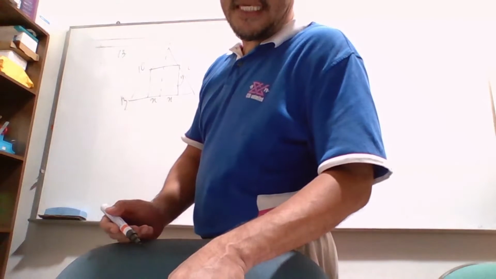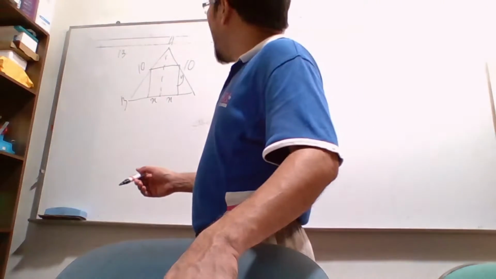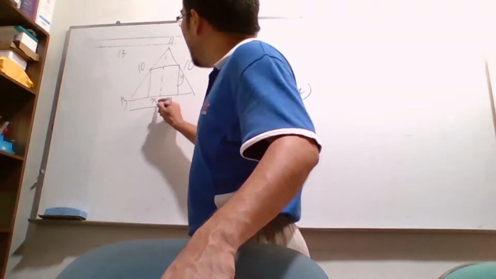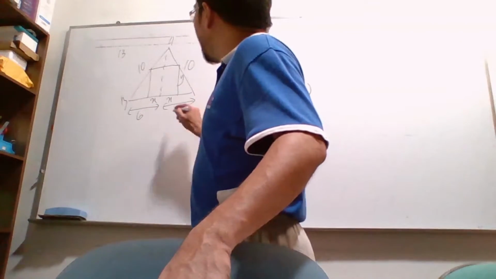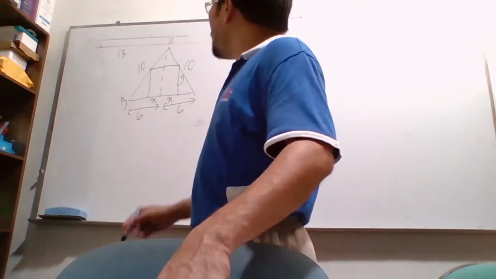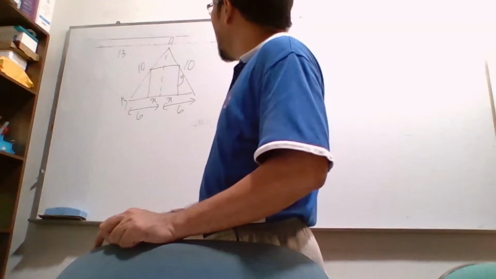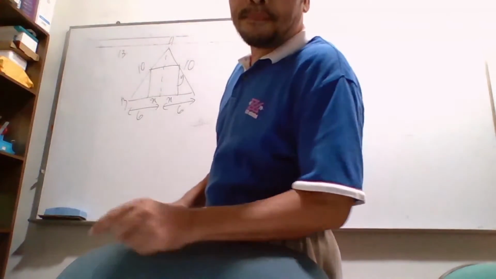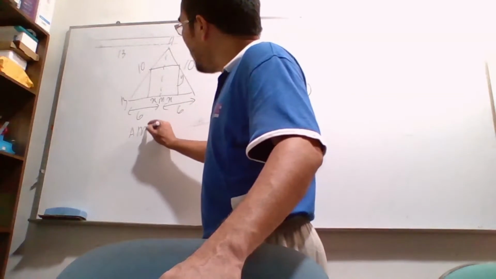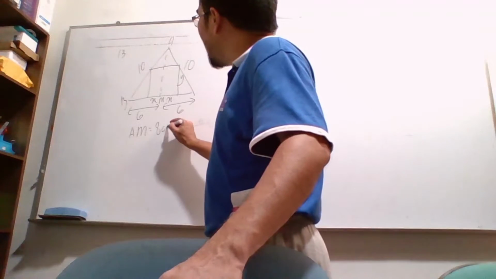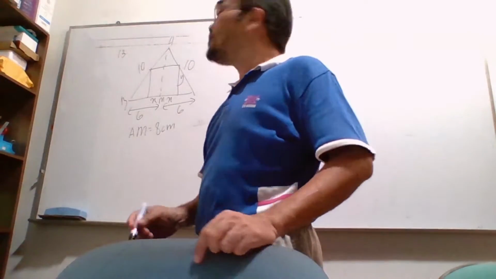And BC is 12, so here it means 6 and 6. And if you use Pythagoras, you will get that AN will be 8 centimeters.